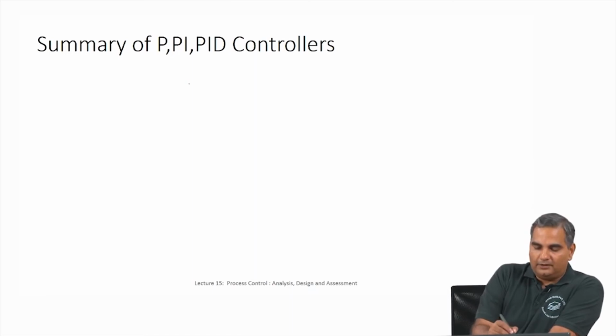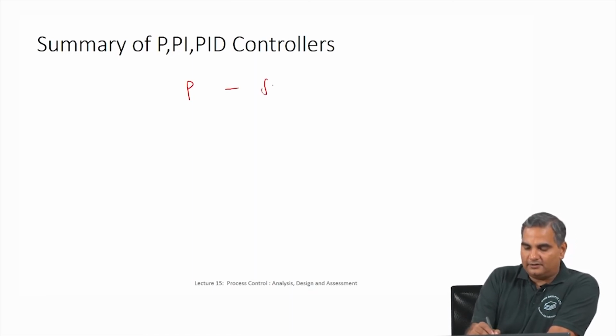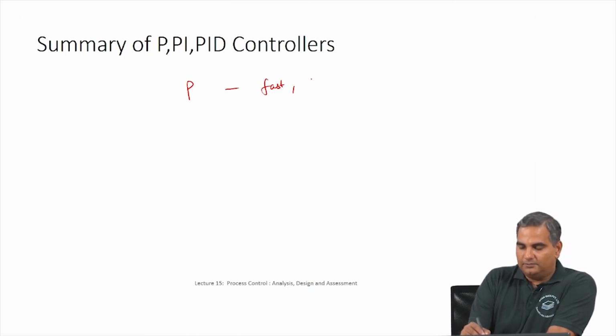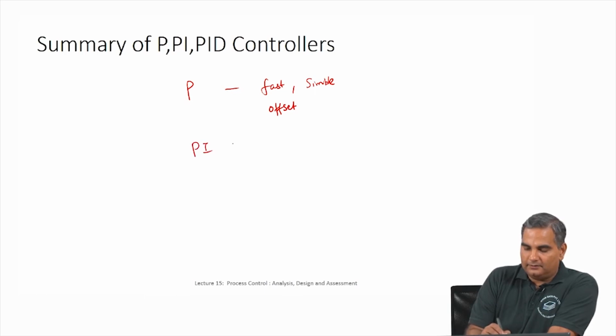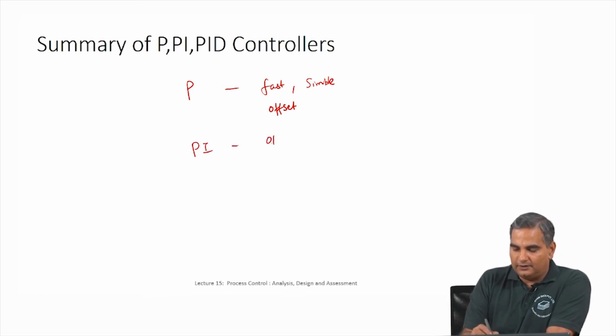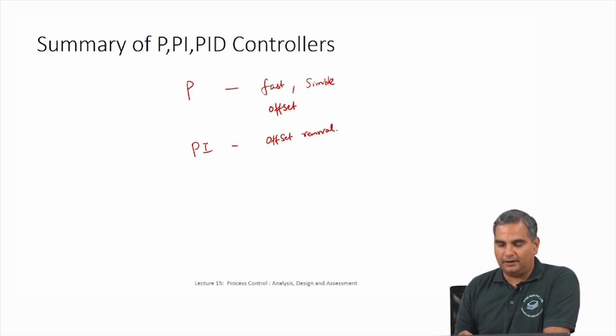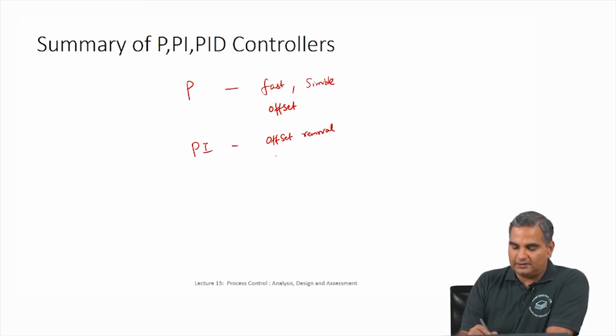Okay. So P controller summary: it is a fast acting controller, simple, but the disadvantage is its offset. PI: offset removal is one of the big advantages of the PI controller. However, the disadvantage is that it introduces oscillations.